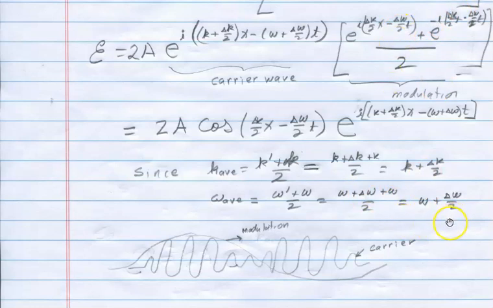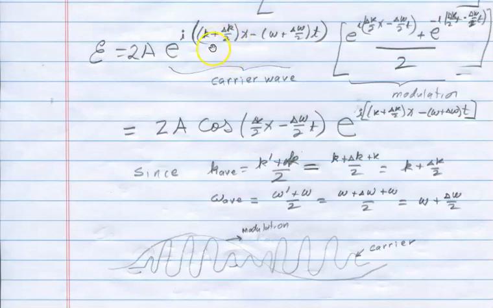You get this term and this term are these two. And these just have the delta k's in them, so I leave those the same. If you like, you can write this as k average here, and this one as omega average. I'll just leave it in this form though.